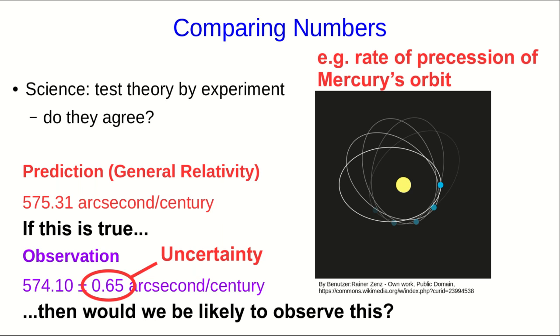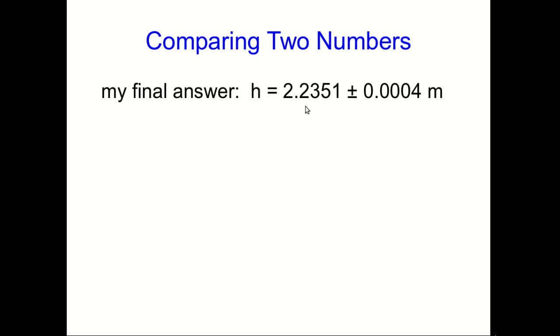But with the types of data sets you'll have, which are rather small data sets, in fact, it would never have more than one sig fig. You need enormous data sets, like the data sets on Mercury's orbit, to be able to get even two sig figs in an uncertainty.